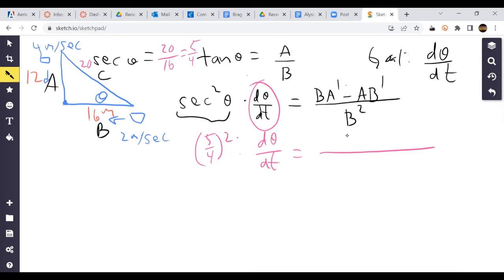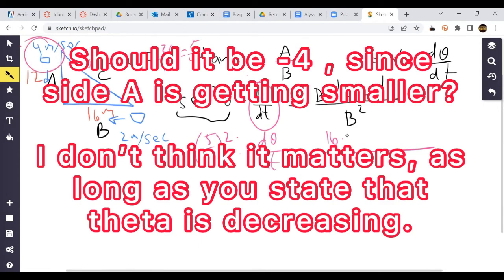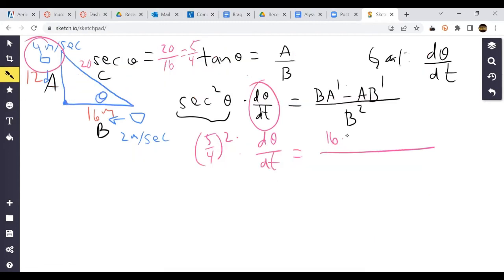B is going to be 16 times A prime is 4, because that's how quickly side A is changing. It's changing as quickly as the vehicle is moving. And then plus A is 12 times B prime is going to be 2, all above the square of B.